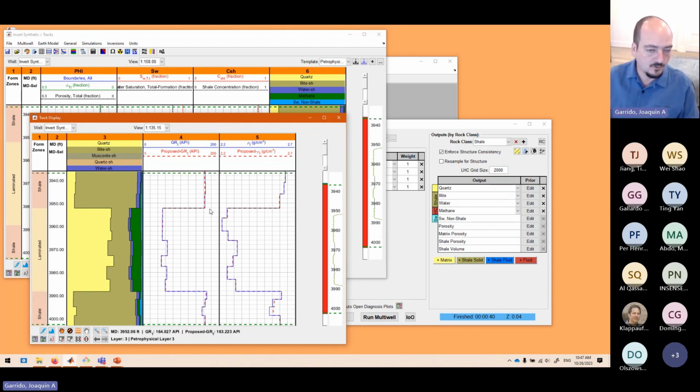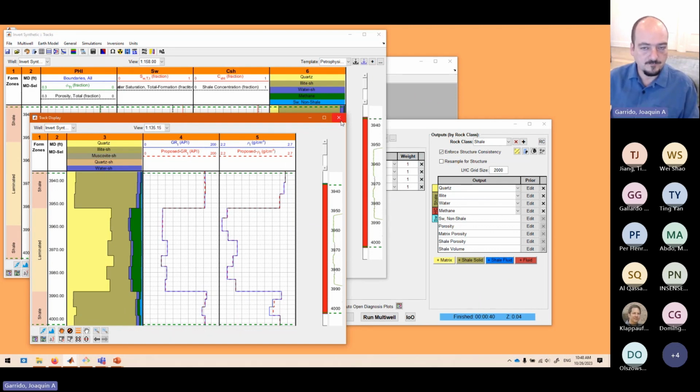The match is near perfect because it's a very simple model. You can see there are some errors down here, and we could investigate why. But you don't need to have the ground truth to have these diagnostic plots. They just tell you if you're doing a good job or not.